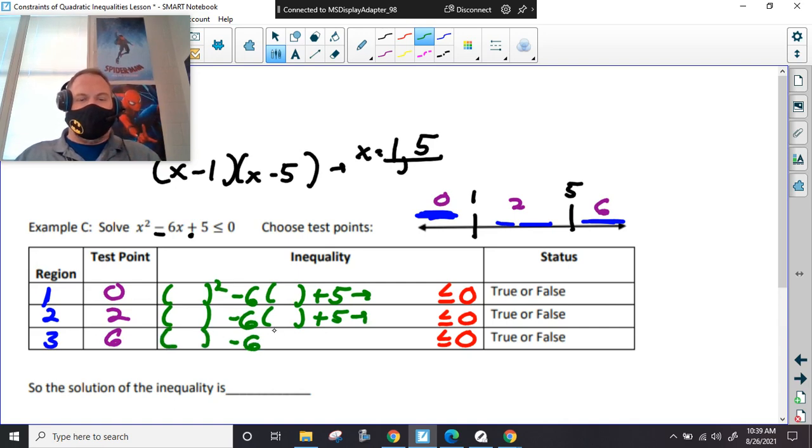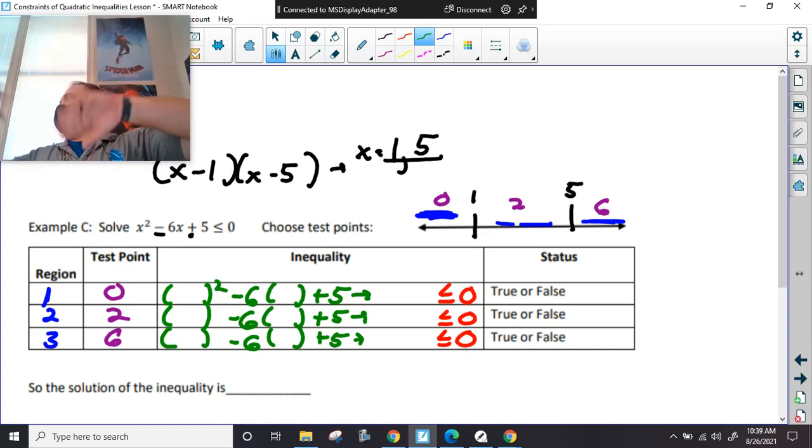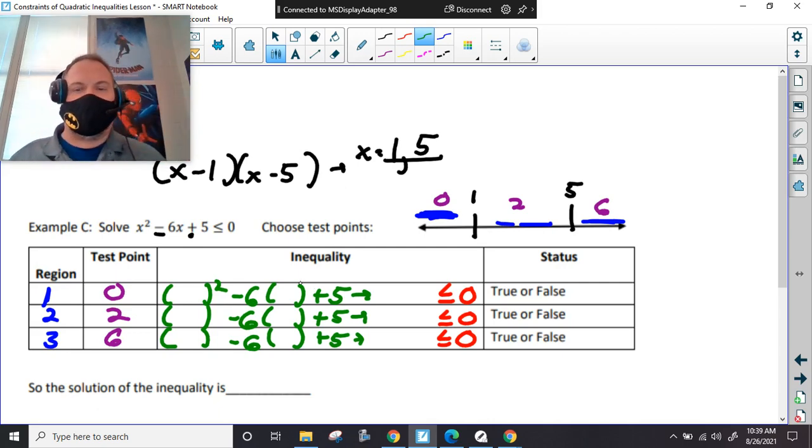Zero will always be on the right-hand side.